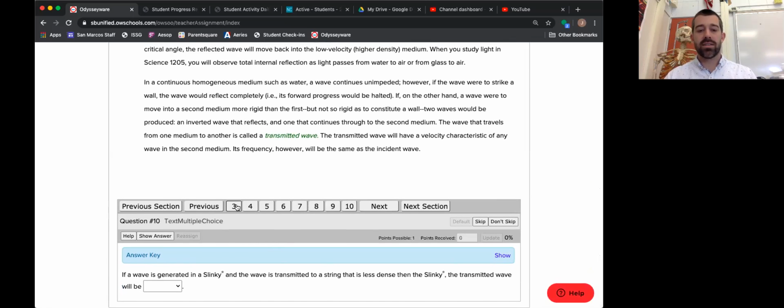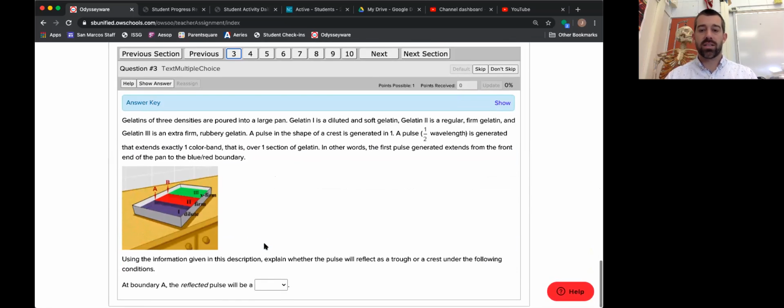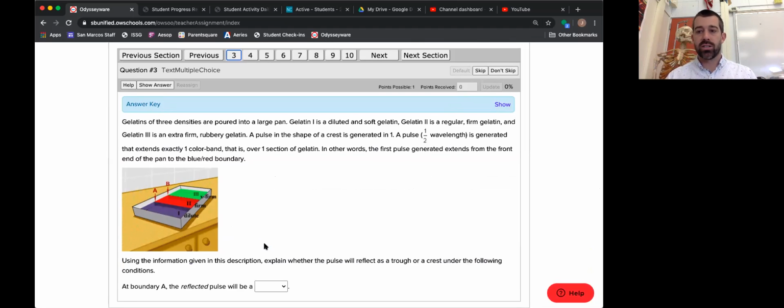If we look down at some of these questions down here, it really talks about that a lot. These are super complicated questions to understand, but you've just got a bowl of gelatin in a pan. The important thing is this is not very dense, more dense, very dense. So it's saying you've got a wave, just a crest, traveling from, look, it says right here, the first pulse generated extends from the front end of the pan to the blue-red boundary.